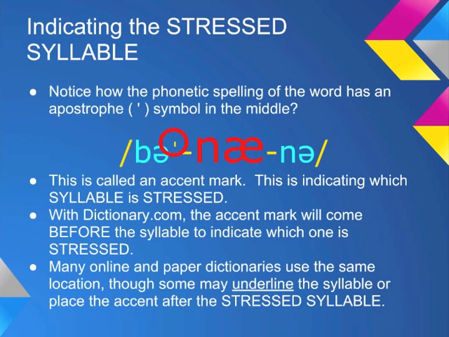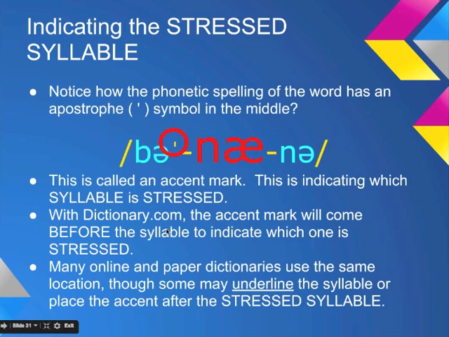Now in the phonetic spelling, notice how the spelling of the word has an apostrophe-like symbol in the middle, as you can see circled here. This is called an accent mark. This is indicating which syllable is stressed in the word.